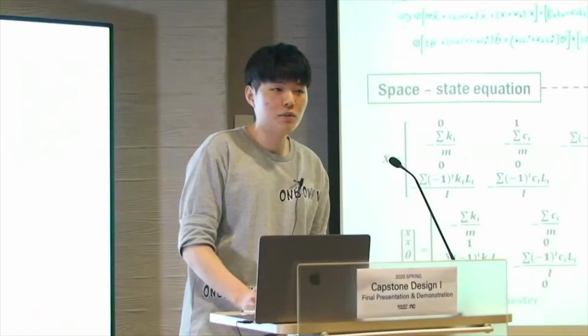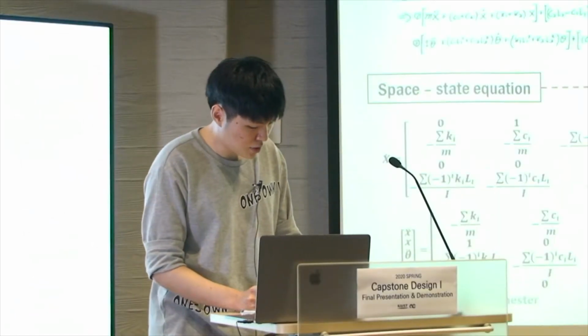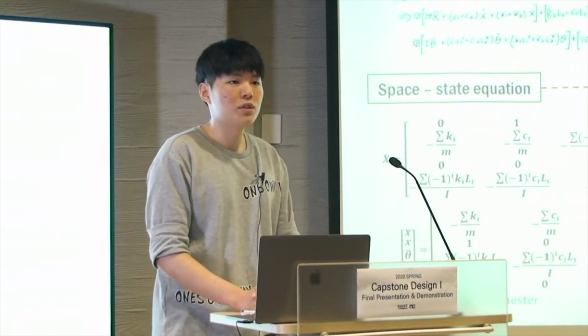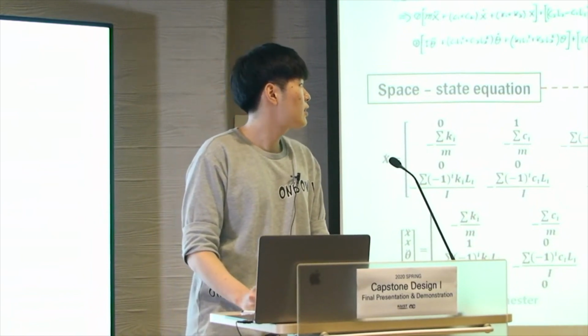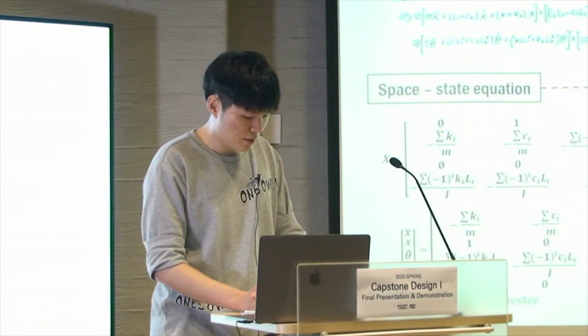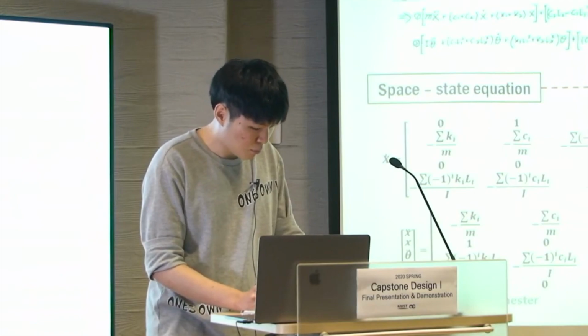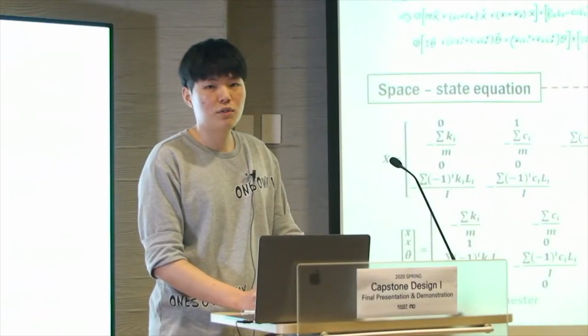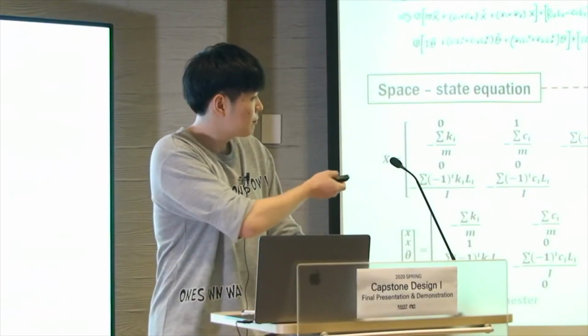To design suspension system, we derive equation of motion from half-car model. There are two variables, vertical displacement x and angular displacement theta. And there are two inputs, front field and rear field displacement y1 and y2. We then constructed state space model to solve these differential equations.